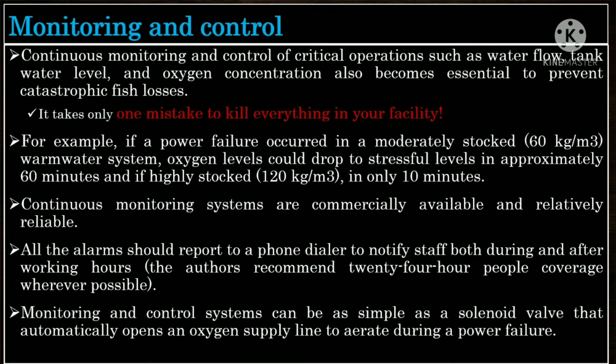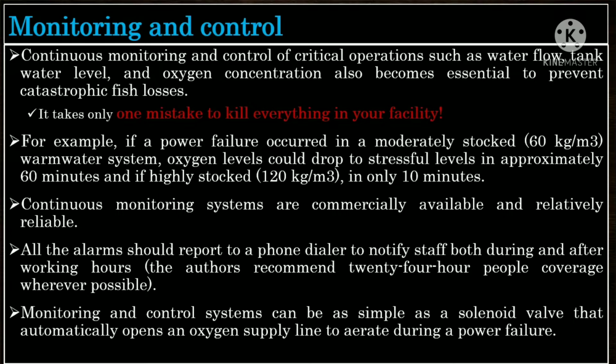Today, continuous monitoring systems are commercially available and relatively reliable. All alarms should be reported to a phone dialer to notify staff both during and after working hours. The authors recommend 24-hour personnel coverage wherever possible.